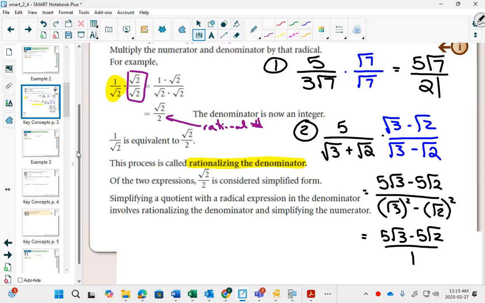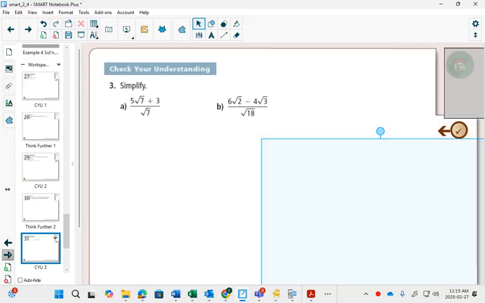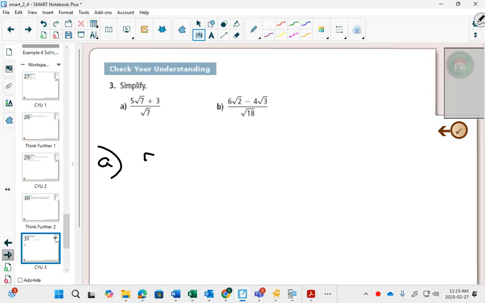So these are the 2 types of places we're going to get square roots on the bottom. So let's go to example 3 and try the first time. So in A, 5 root 7 plus 3 over root 7.